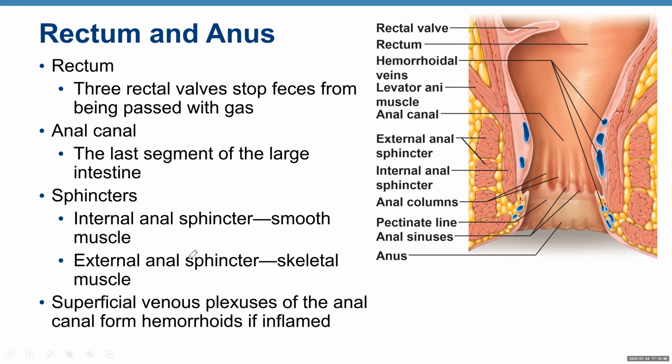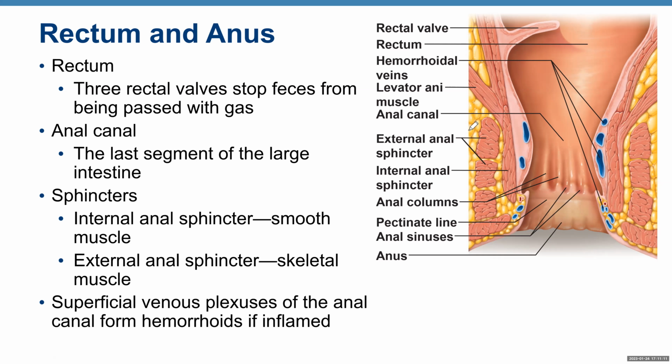The anal canal has the internal anal sphincter that we already mentioned, made of smooth muscle. So the internal anal sphincter is shown right here. That's the set of muscles right there and here. And the external anal sphincter is shown right there. It's a skeletal muscle, so that's under voluntary control.